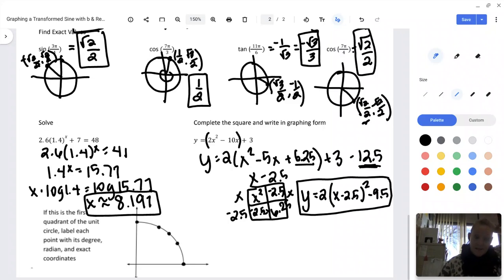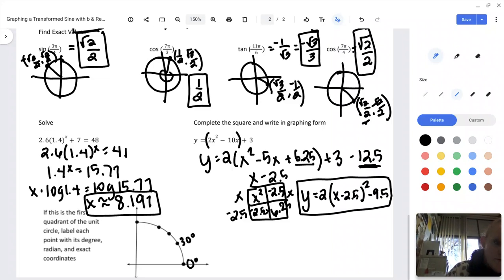Okay. Last one, it says if this is the first quadrant of a unit circle, label each point with its degree, radian, and exact coordinates. All righty. Well, this first one is at 0 degrees, then 30 degrees, 45 degrees, 60 degrees.